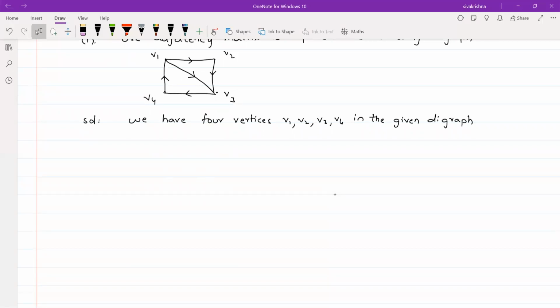Okay, in the digraph we can represent the adjacency matrix of order 4 by 4.